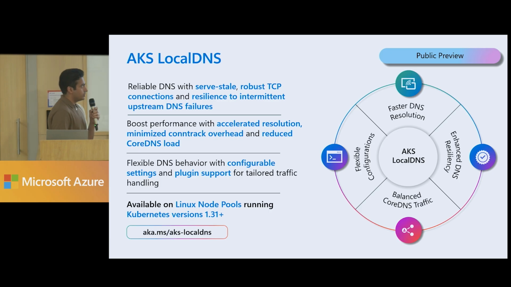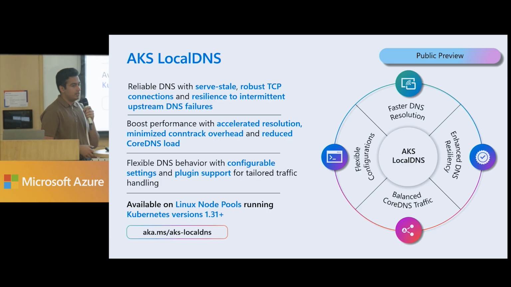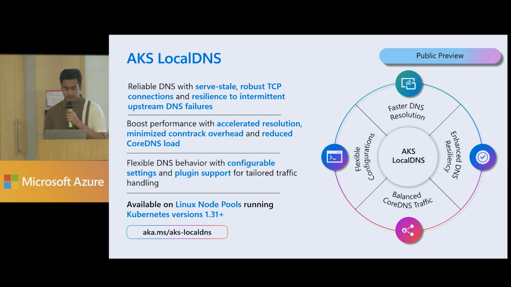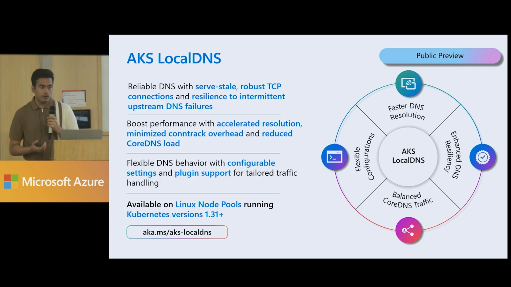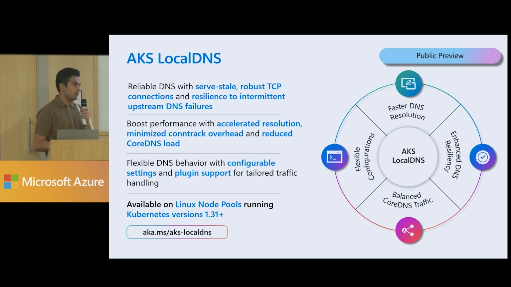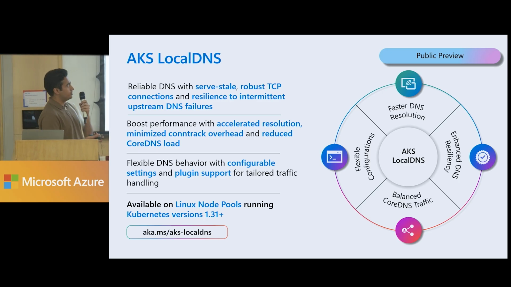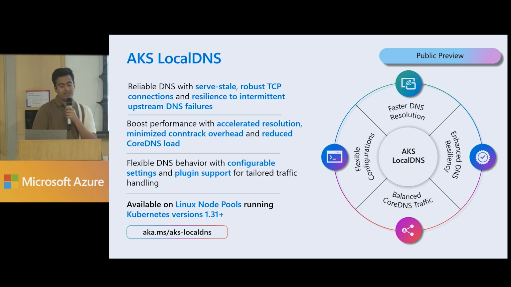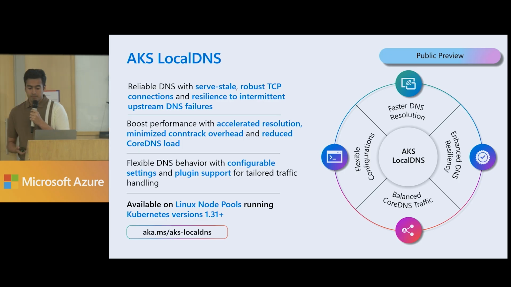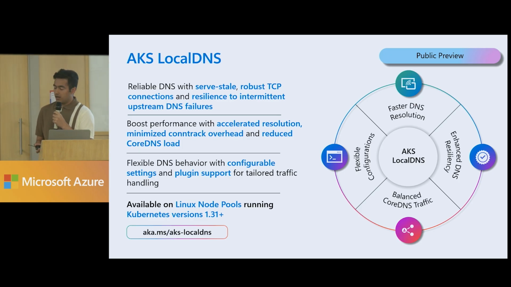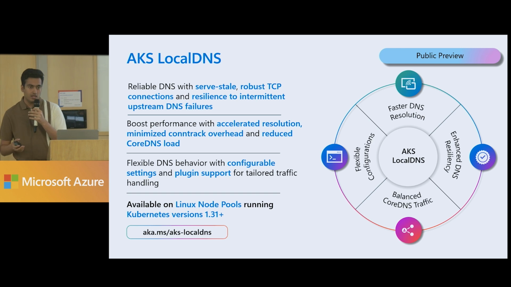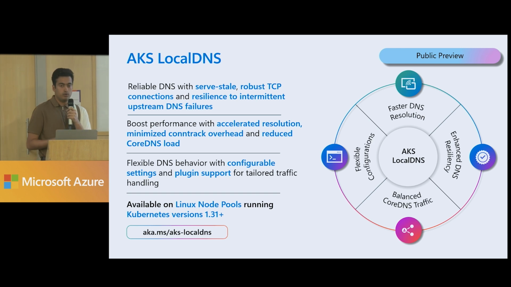Another part of networking which we've seen a lot of customers struggle with is DNS performance and reliability. At large scales or in high traffic environments, typically the CoreDNS in a cluster can become a bottleneck. So we've launched, in fact, just this morning, AKS local DNS in public preview. With AKS local DNS, we're effectively giving you a DNS service on each of your nodes, allowing you to resolve your queries locally.